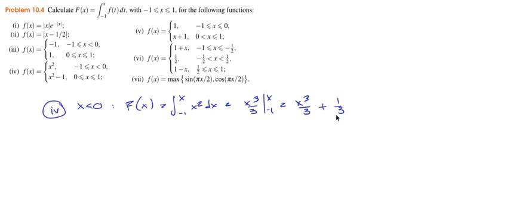And then, if x is greater than or equal to 0, then f is the integral between 0 and x of x squared minus 1 dx, plus the value at 0.